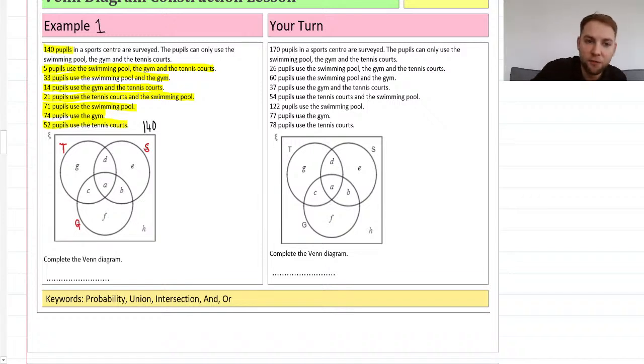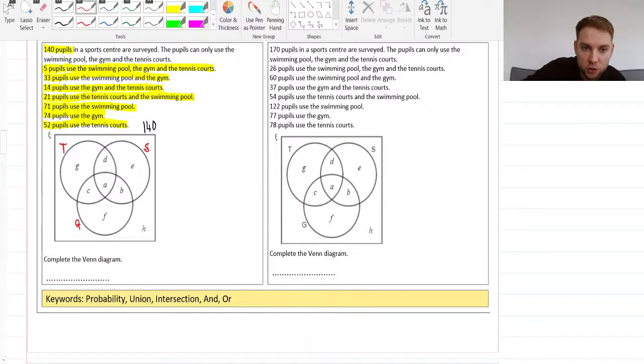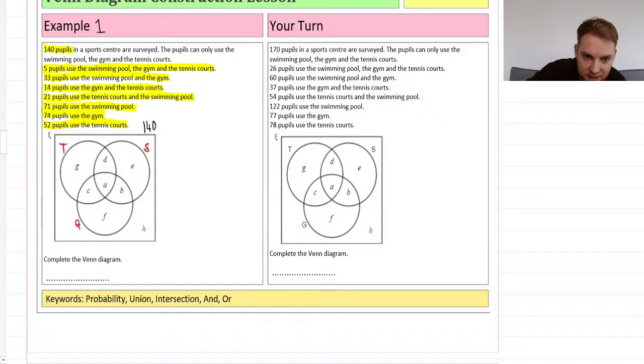So, if I want to do 5 people use the swimming pool, gym and tennis court, well, where do all 3 of these overlap? Well, all 3 of them overlap in the middle. So if I always start in this middle part here, the middle is 5. Now I'm going to make it really clear, but once I've done that, I'm going to cross that out so I know that I've done it.